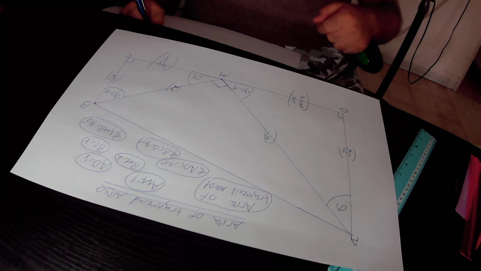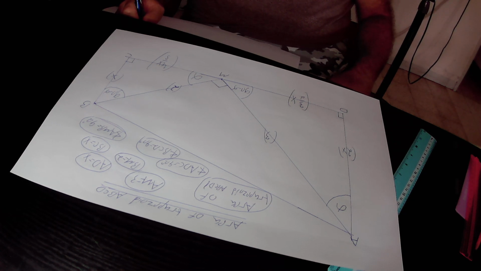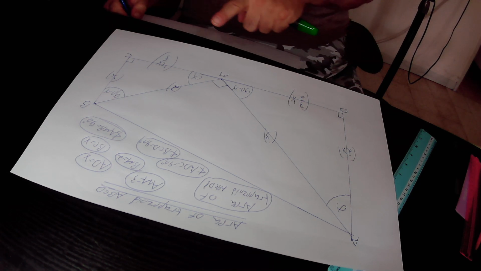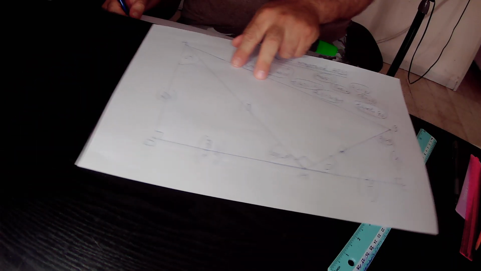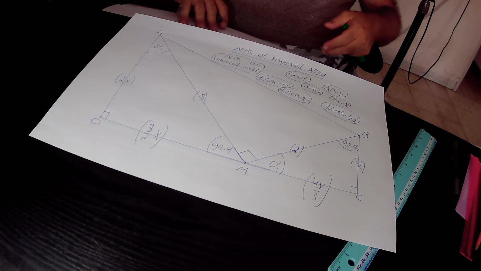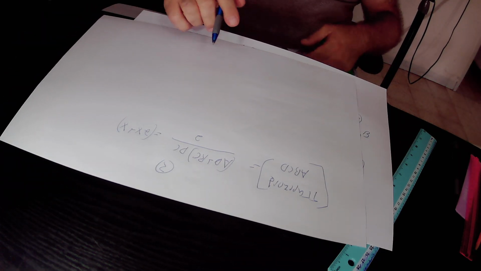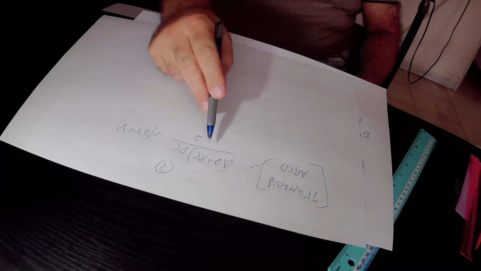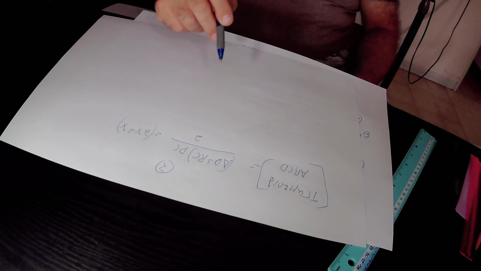AD is 2x plus BC, BC is x, times the height DC. Again, AD is 2x and BC is x, times DC.